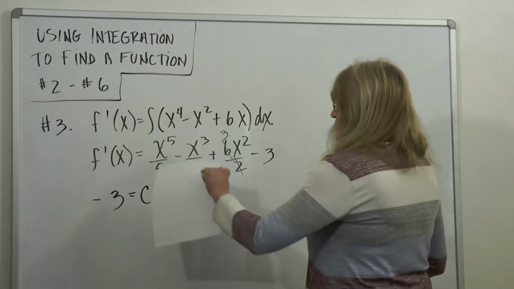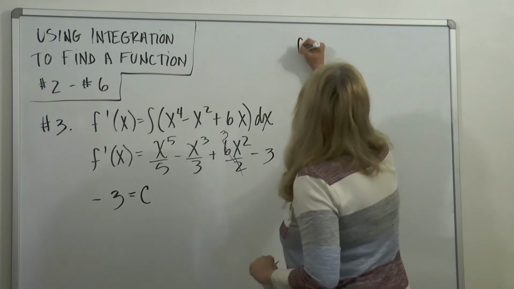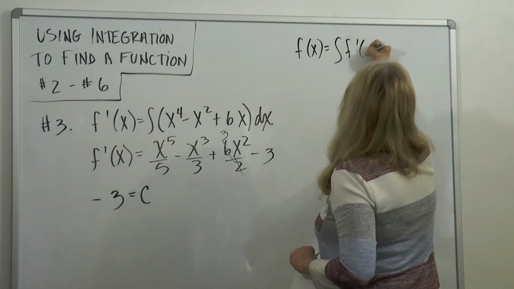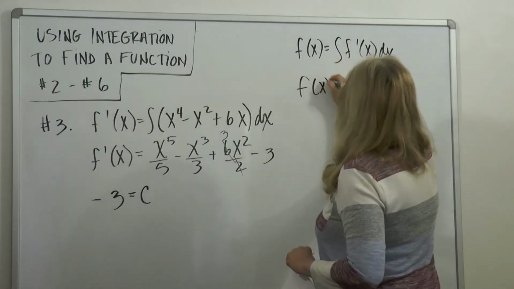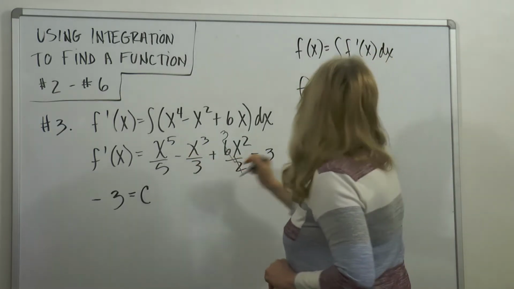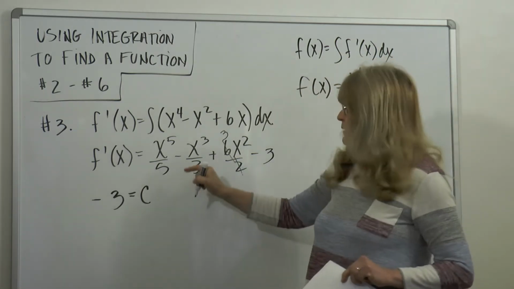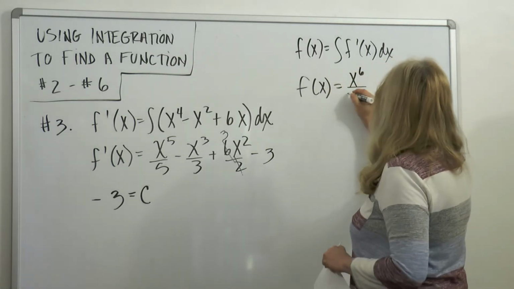F of x is going to be the integral of this thing. Okay, so x to the 6th over, it would be over 6, and I already have a 5 down here, so I would multiply those, okay?